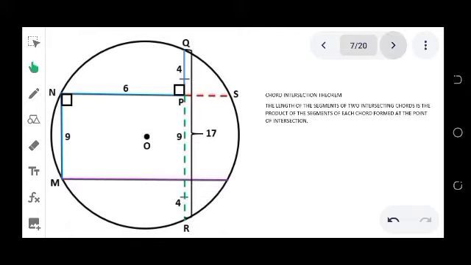We can now use the chord intersection theorem, which states that the product of the segments of one chord is equal to the product of the segments of the other chord formed at the point of intersection.